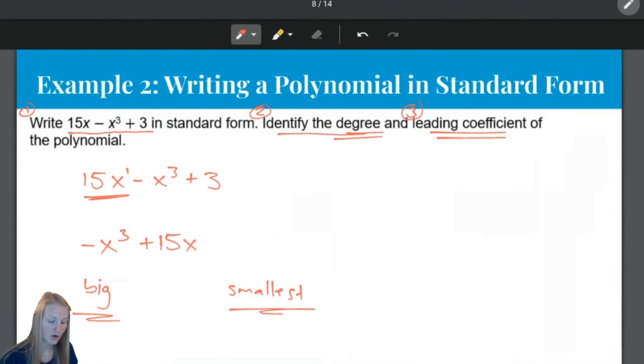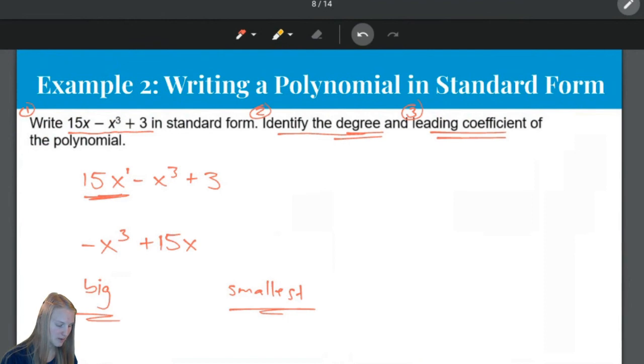Now, in our example on the last slide, we had the 2, 1, 0. You can skip some. It's okay if you're like, there's not an x squared here. That's okay. There doesn't need to be an x squared. You can skip some. It's whatever terms are in the polynomial you start with. So now we have plus 15x, because that's like x to the 1. And now remember the degree of a constant term, like 3, is 0.